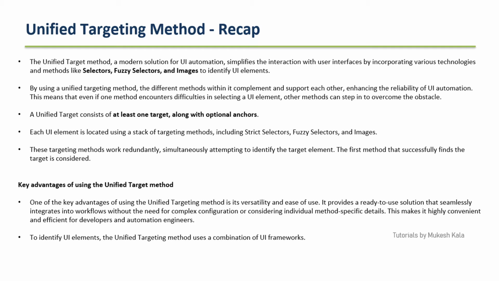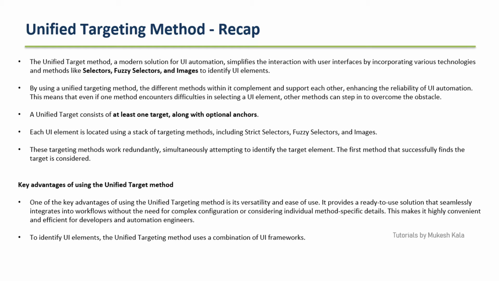Whenever we try to indicate any element on the screen, UiPath would use selector, fuzzy selector, image to find this element, and if it is not able to find it, it will also utilize something called anchors. So all these targeting methods include strict selector, fuzzy selector and the images.